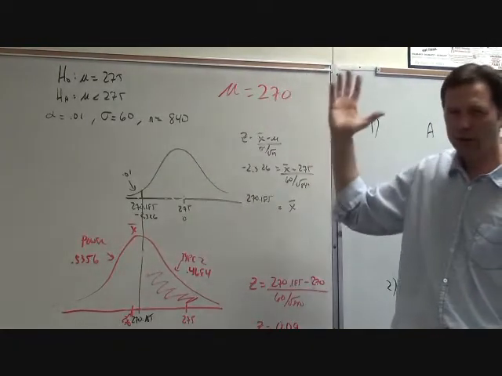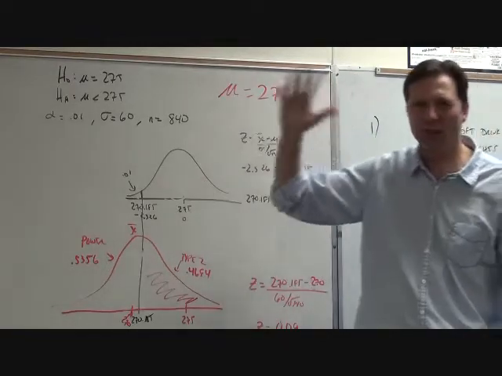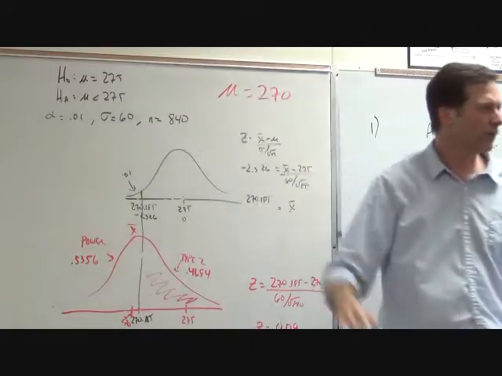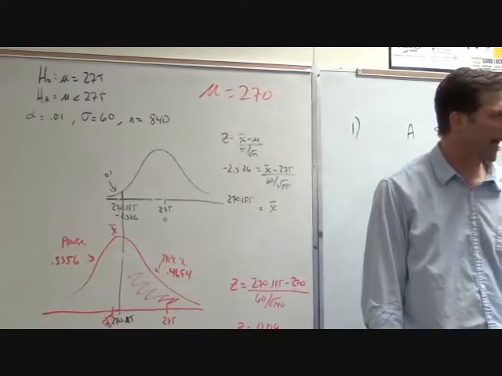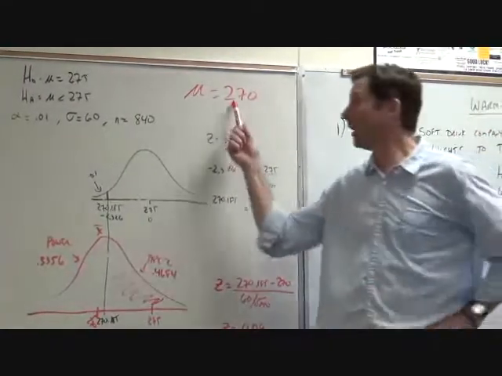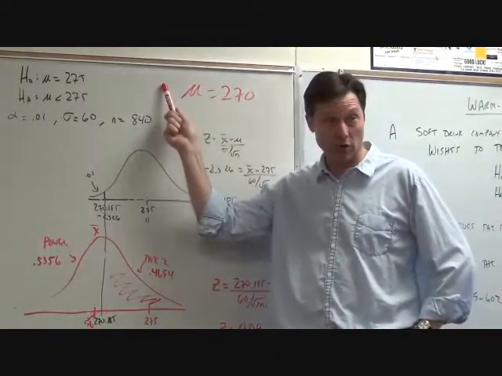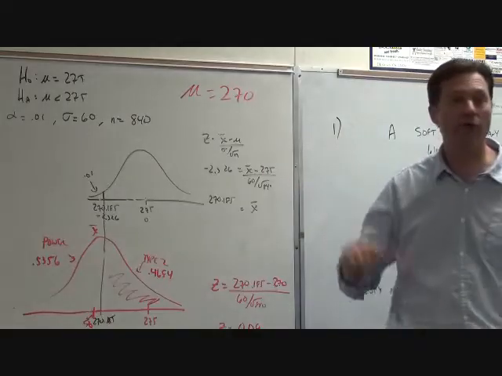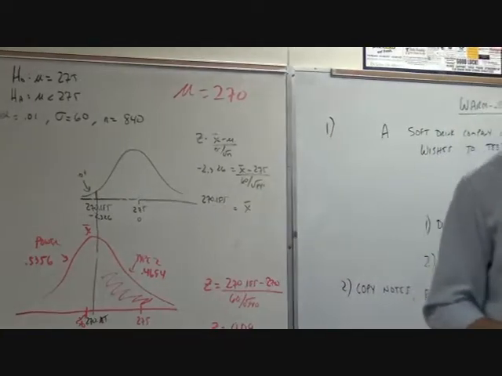Tell me about this number. If this number was closer or further away from this, which one of those situations would increase power? Let me say this again. What if the 270 was closer? Or what if the 270 was like 250? Which one of those situations would increase power?